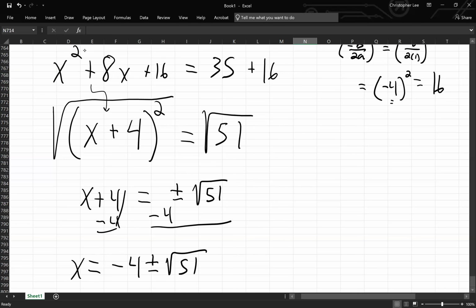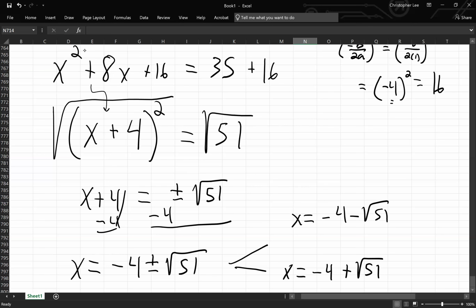All right. Now, there are two answers here. I have x is equal to -4 minus square root 51, and x is equal to -4 plus square root 51. Now, this is really important.